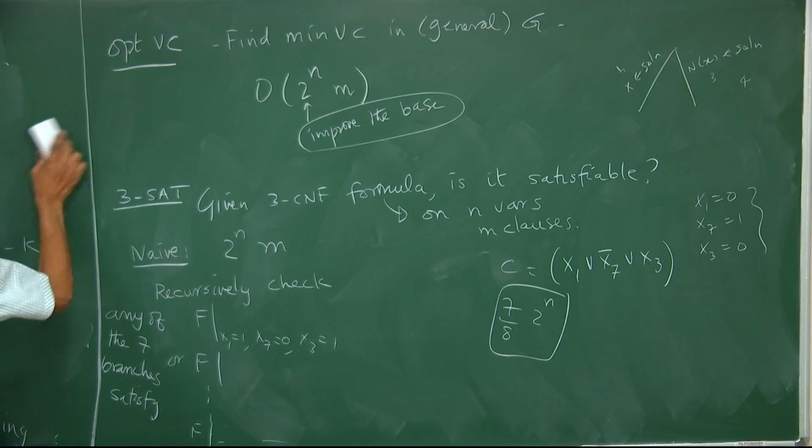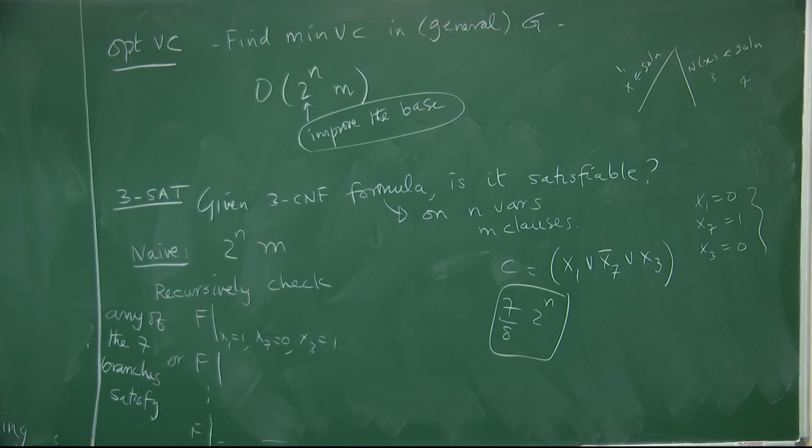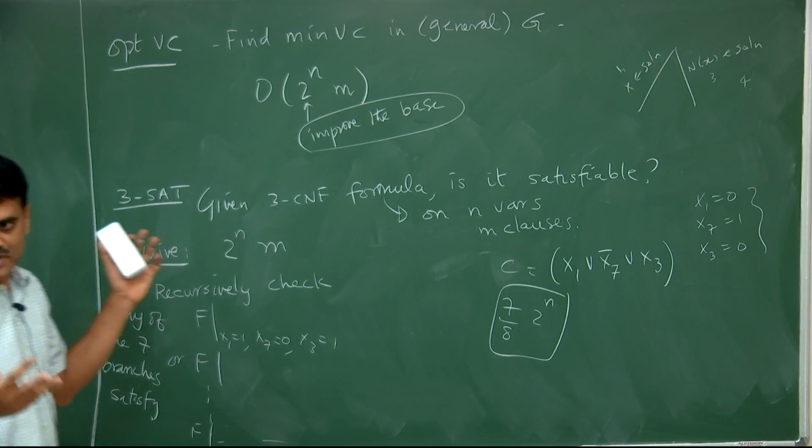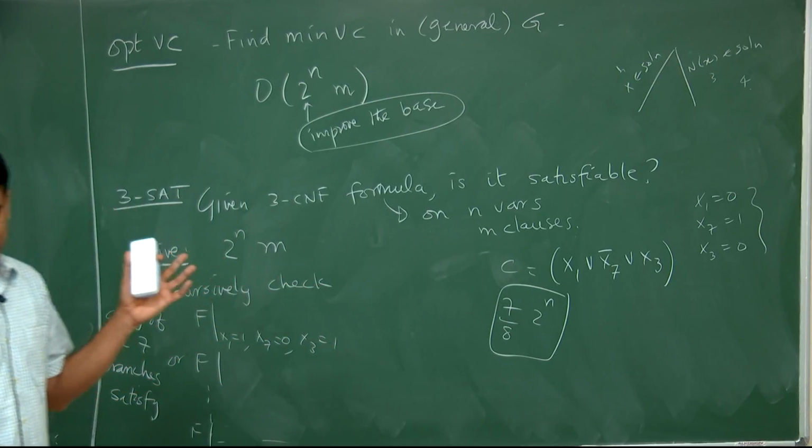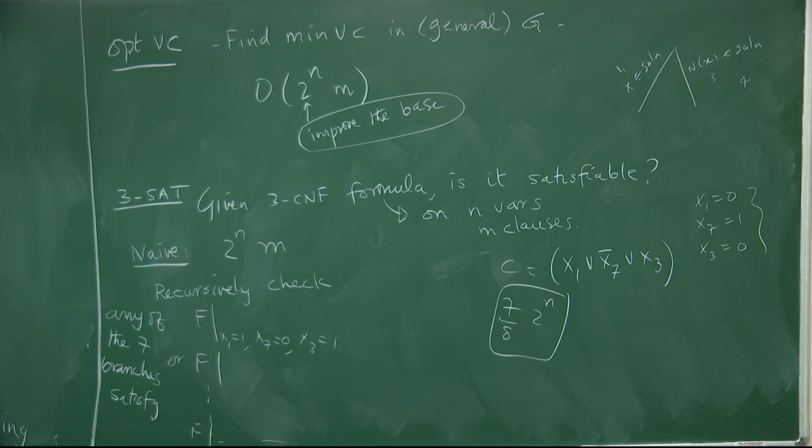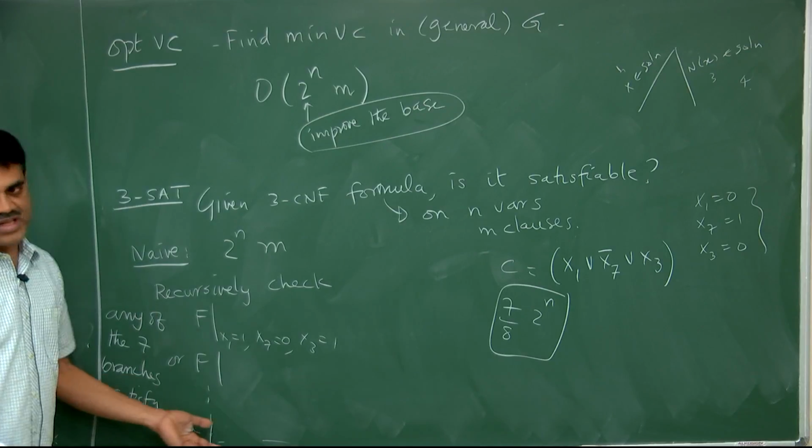Think of it as I'm just picking some 3 variables, setting them. That is the progress I am making. The clause guides me to avoid one assignment. That's all.